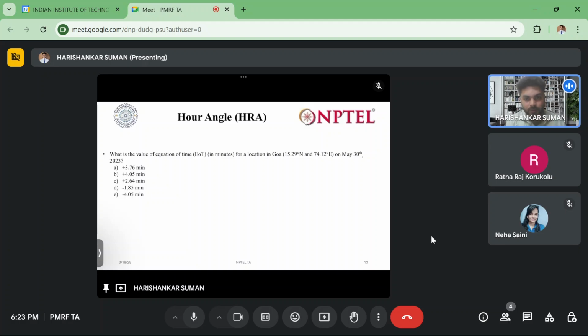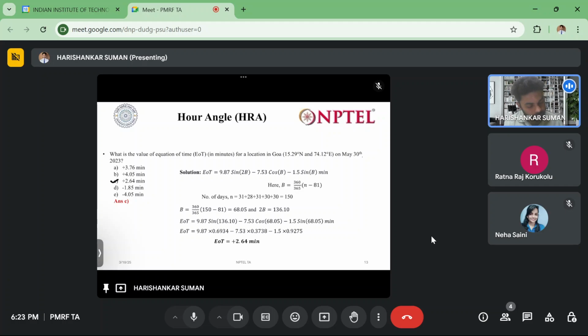Equation of time, let's discuss. For a location in Goa, n is given, so the answer will be C. How? Let's see.